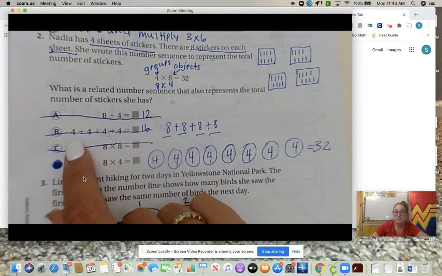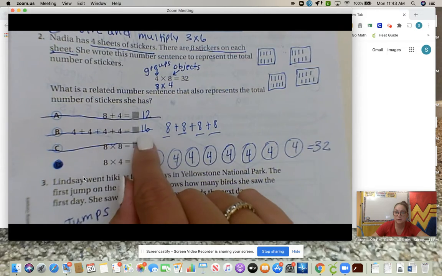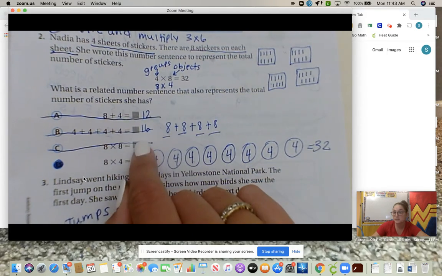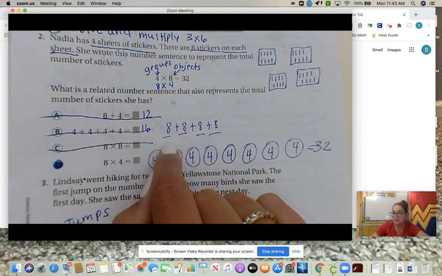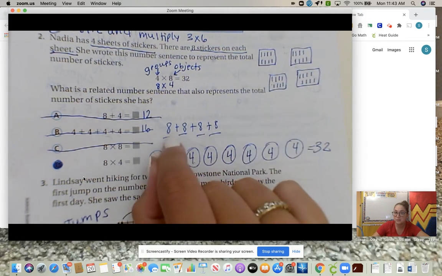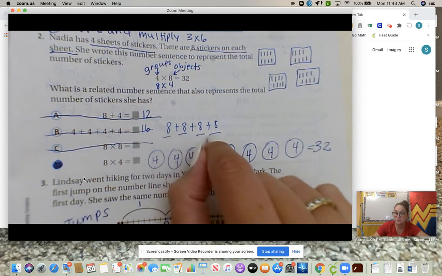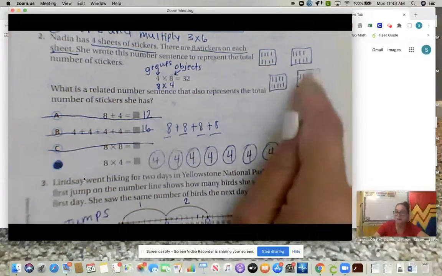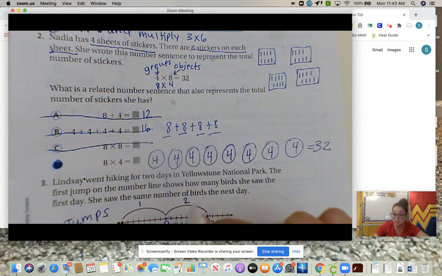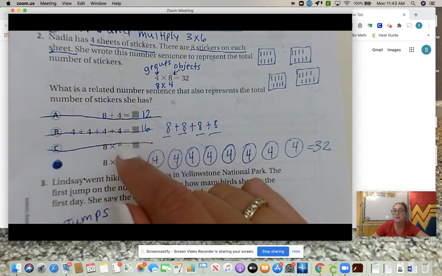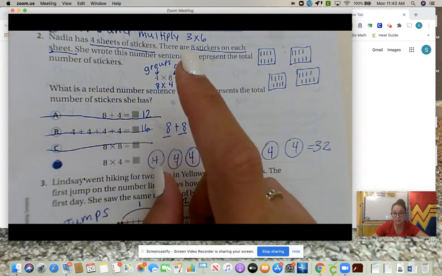When we add for B, 4 plus 4 plus 4 plus 4, we get 16. 16 and 32, not the same. So that's wrong. What they should have done is we have 4 groups. So remember, we draw the 4 lines. 1, 2, 3, 4. And then how many are in each group? 8. So that's why we have 8, 8, 8, 8. That would equal 32. But they wrote the repeated addition incorrectly.